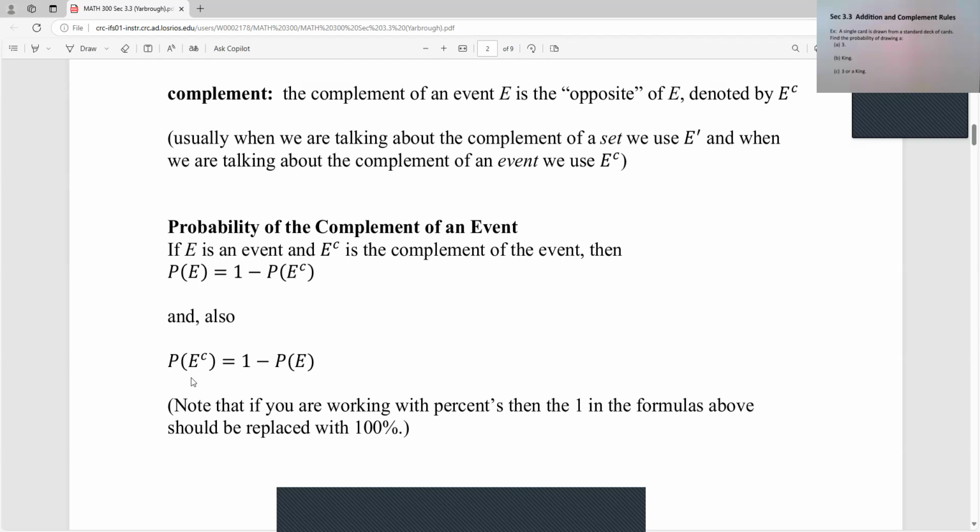Or you could also say the probability of the complement of event E is equal to 1 minus the probability of an event E. If you are working with percents, you would replace those ones with 100%. If you are working with fractions or decimals, you will use the formulas as you see them right here.